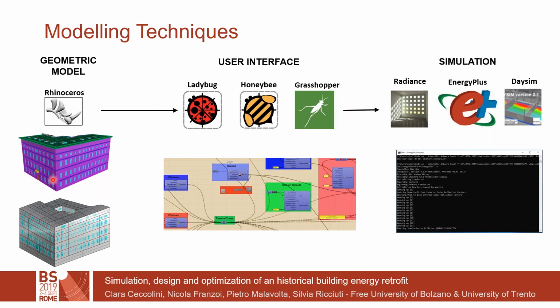And we combined the power of Rhinoceros 3D modeling with the simulation kernels of EnergyPlus, Radiance, and AC. The connection is enabled by Grasshopper, a graphical programming environment built in Rhino that combines the ease of performing tasks by coding with the simplicity of graphically doing it.